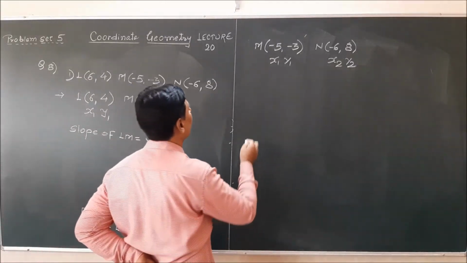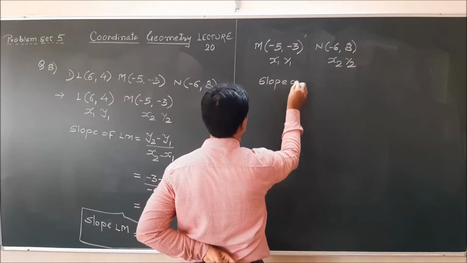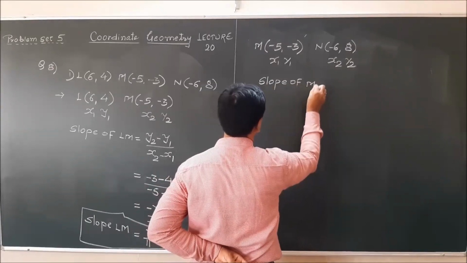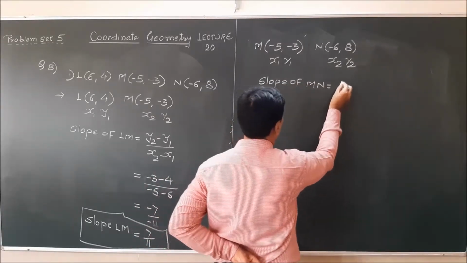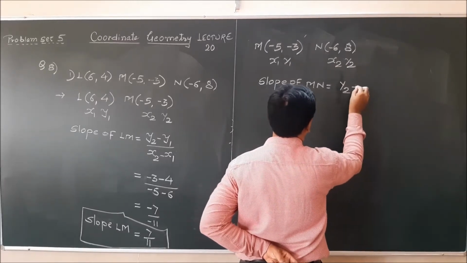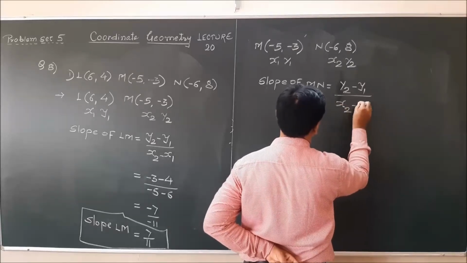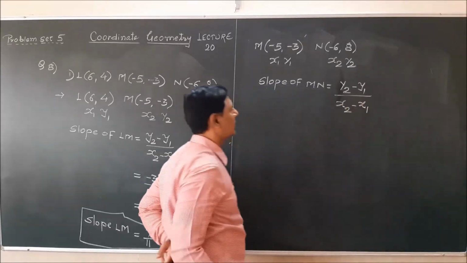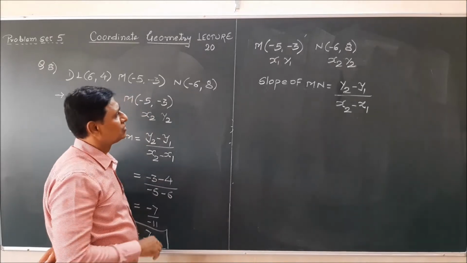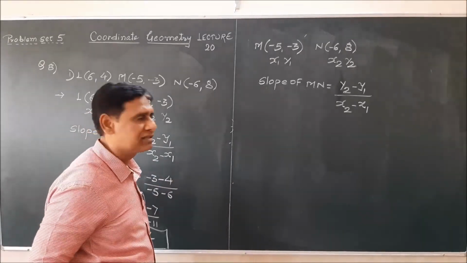Now slope of MN, by the slope formula, is equal to y2 minus y1 upon x2 minus x1.